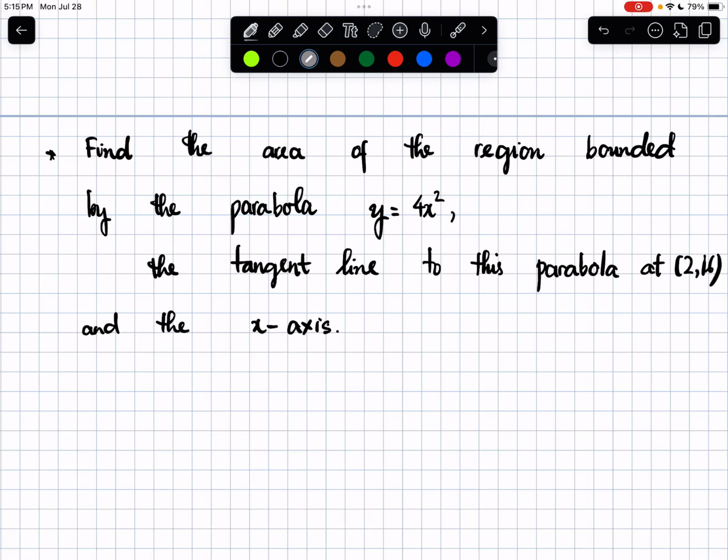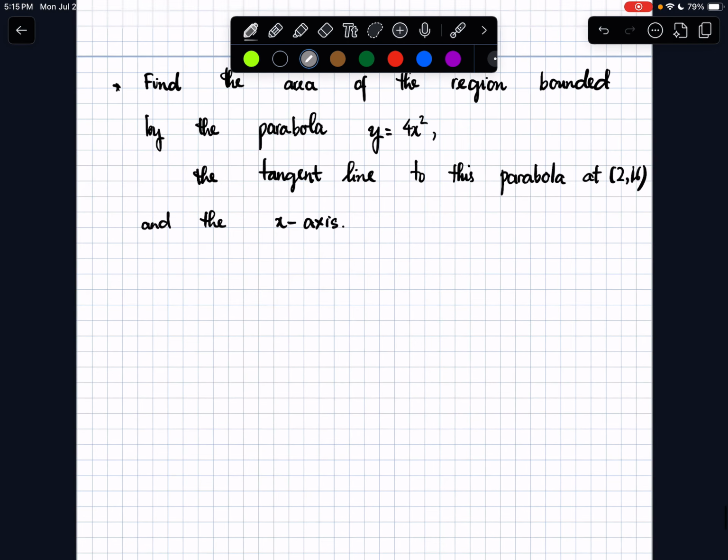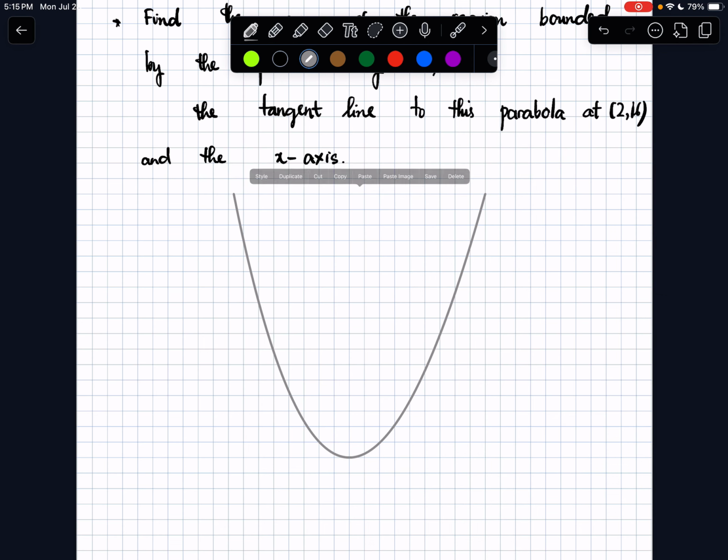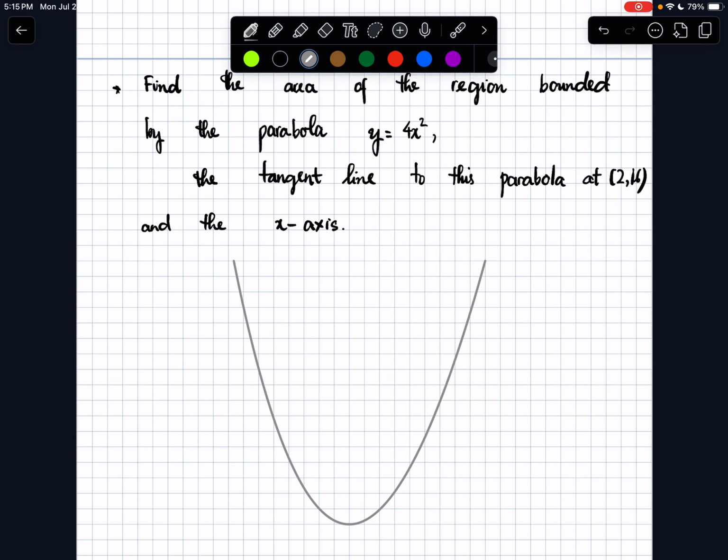Find the area of the region bounded by the parabola y equals 4x squared, the tangent line to this parabola at the point (2, 16), and the x-axis. If we graph the parabola, say this is the parabola we have. We have the x-axis.